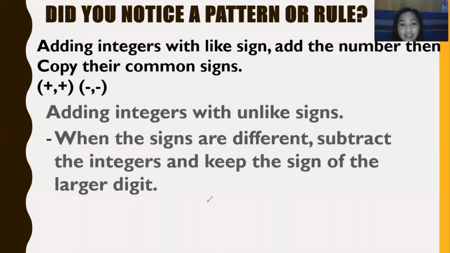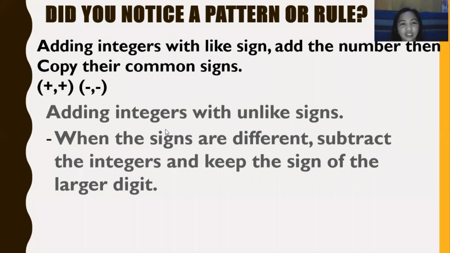Example, the same with our example a while ago, we have negative 8 plus positive 5. The first thing is to subtract the integers. 8 minus 5 is 3. Keep the sign of the larger digit. The sign of the larger digit is negative, therefore the answer should be negative. The answer is negative 3.